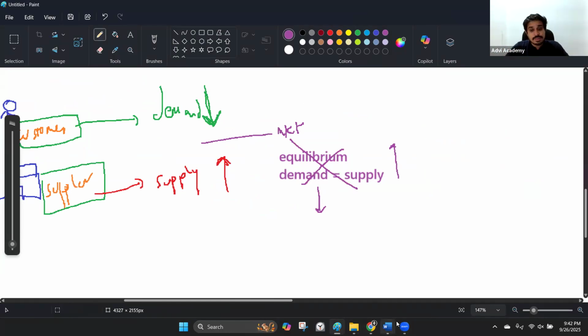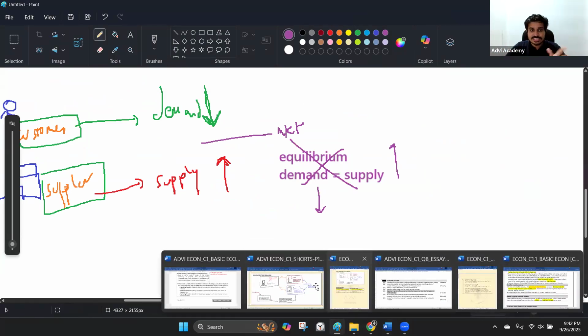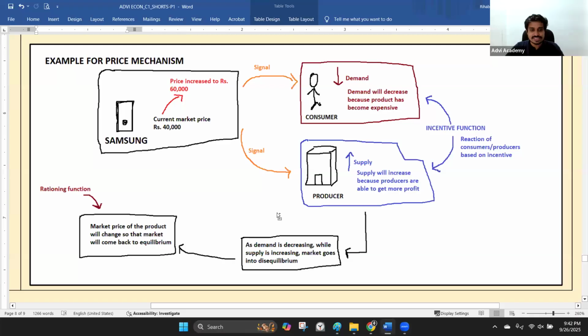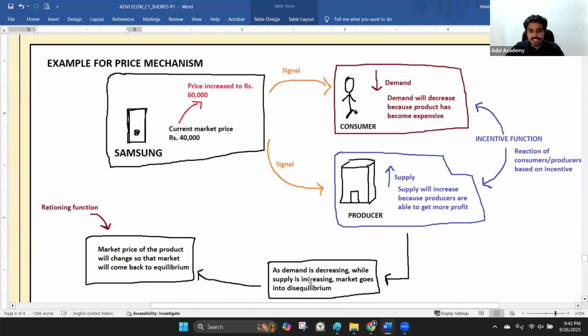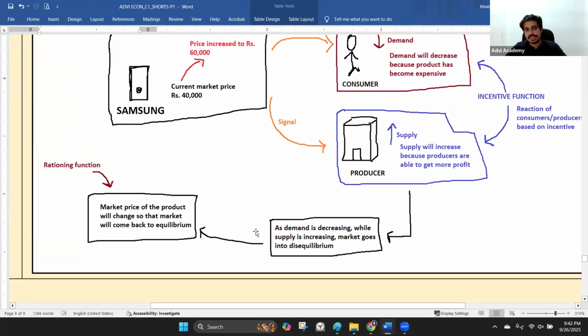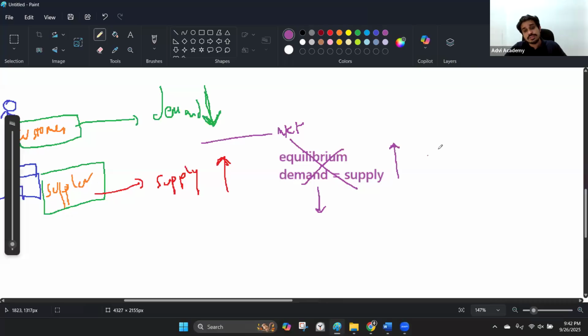So the moment that happens, the price mechanism, what we learn is, if the market goes into disequilibrium, now think, there are a lot of phones in the market. Nobody wants to buy because it's expensive. If they want to sell these phones, what will automatically happen?